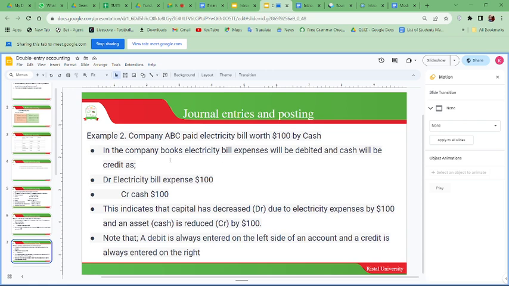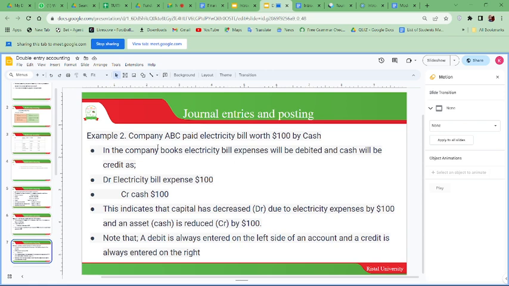So the accounts that we have are electricity and cash. First of all, when you're dealing with journal entries, you have to identify which accounts you have. You name them down. Here we have electricity bill and we have cash.